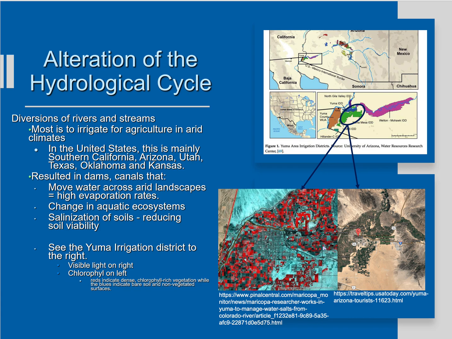The one with the red and the cyan color is false infrared and is telling us the health and the density of the crops that are being produced in the Yuma Irrigation District because of the diversion of water out of the Colorado River and then into this now agriculturally relatively fertile location.